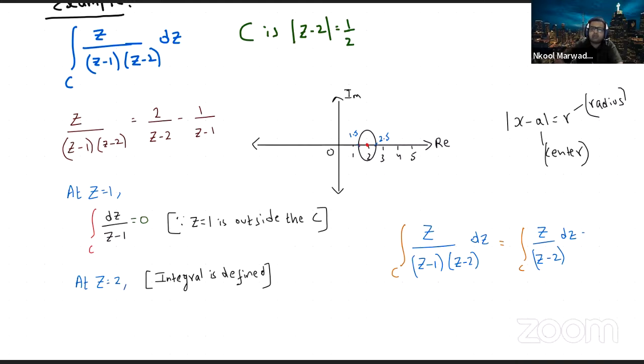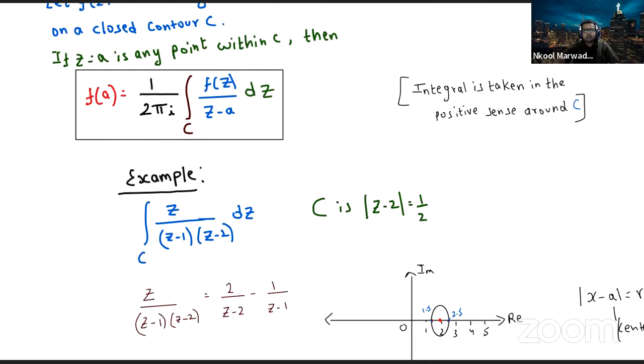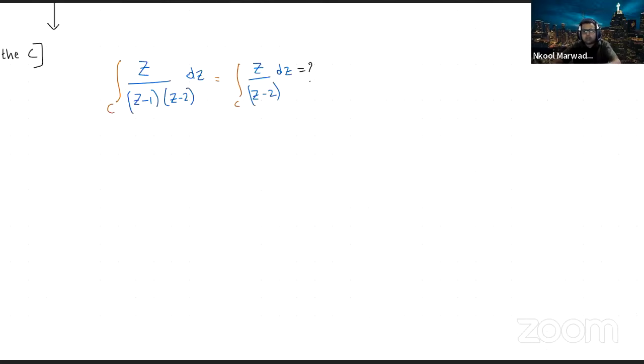Now always remember, whenever you have an integration wherein in the denominator you have the form z minus a, then you directly apply this formula, Cauchy integral. You have to remember this formula. And see here, this integration, we can very easily see that it is having z minus a form in the denominator.